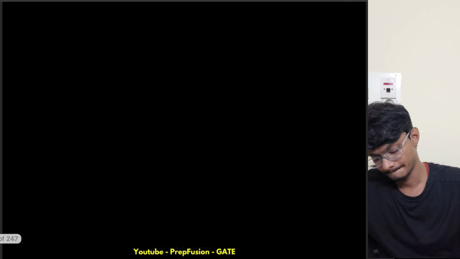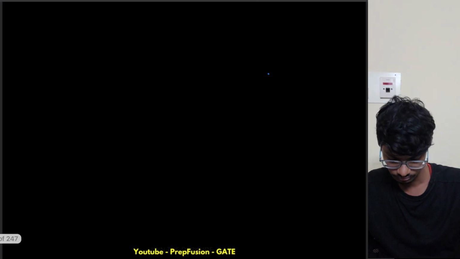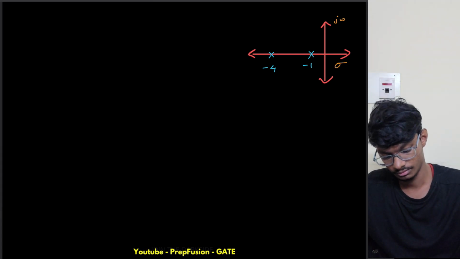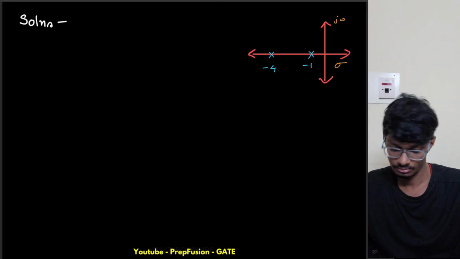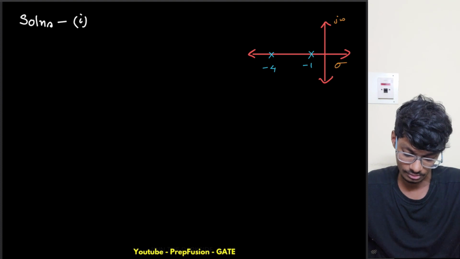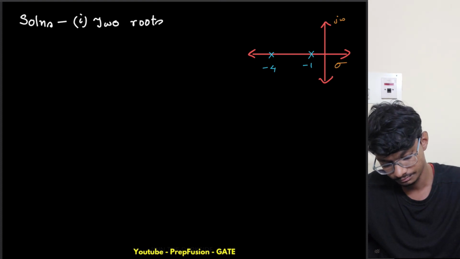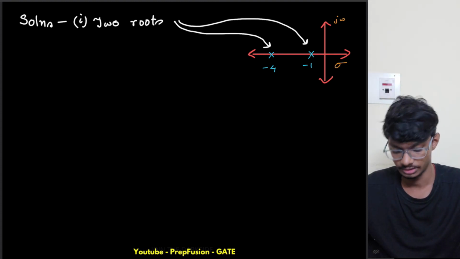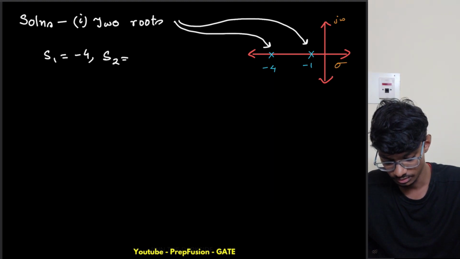So we have two roots: s1 equals minus 4, and s2 equals minus 1.